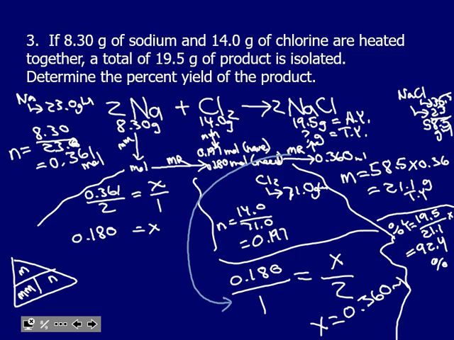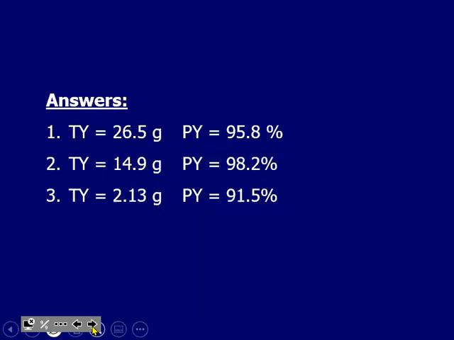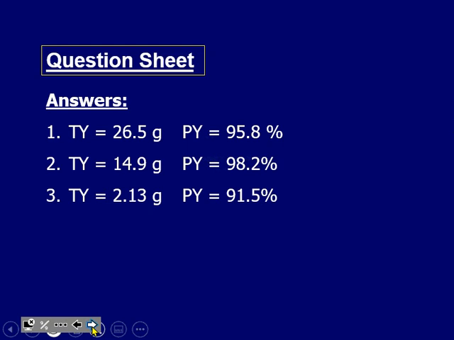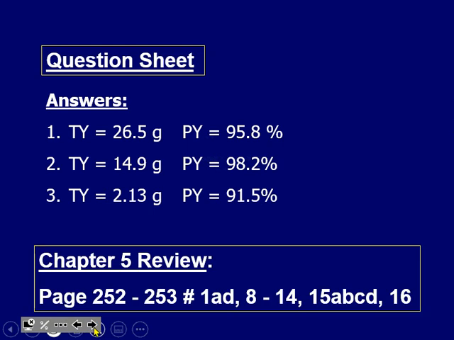There's a worksheet just like yesterday, with some percent yield questions on it. And on the worksheet, there's also some textbook stuff. I've already posted the Chapter 5 review. I think I did, or did I? Maybe I didn't. I posted the review questions.